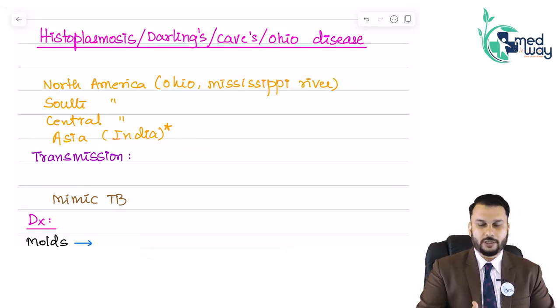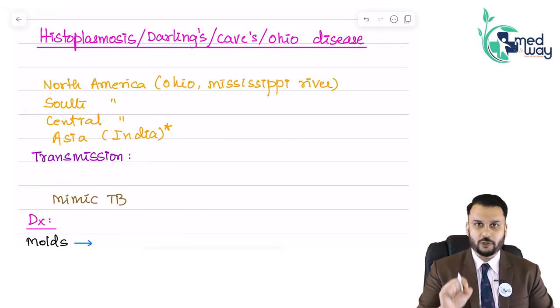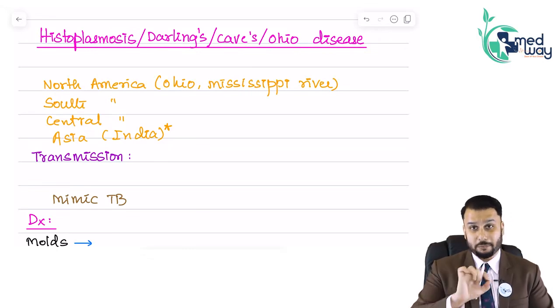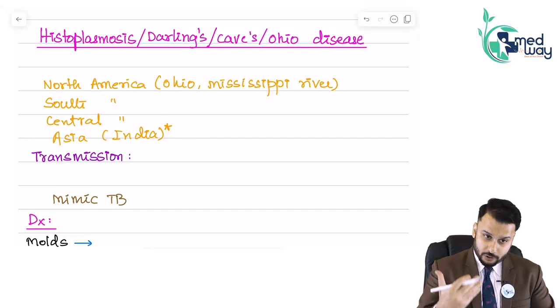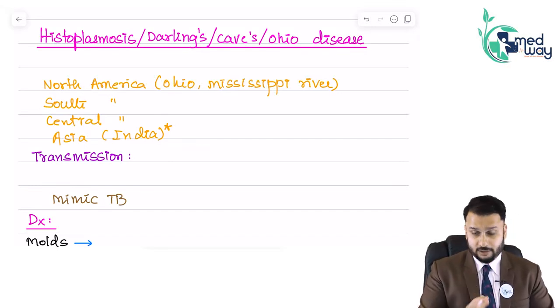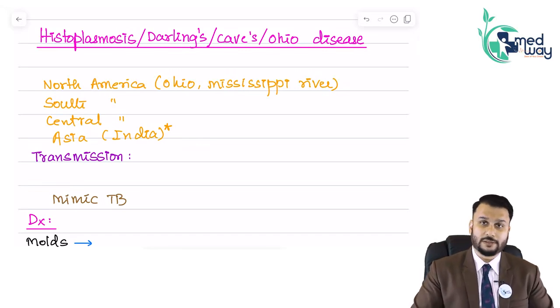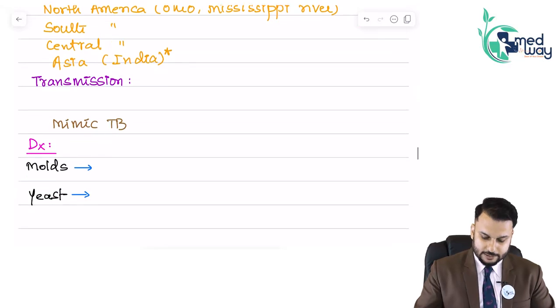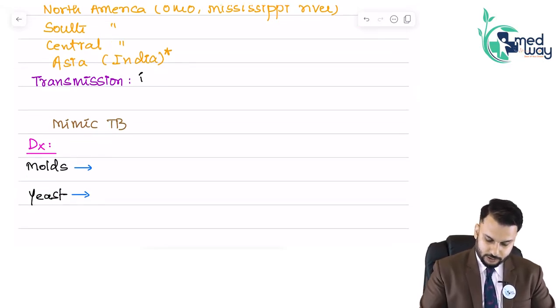Right now you're seeing that histoplasma, if you talk about North America, is seen in Ohio or the Mississippi River belt. You can also see this in South America, Central America, and in India, we have already mentioned that this is one important dimorphic fungus. Now, when you talk about the transmission of this disease, as usual it comes through inhalation only.